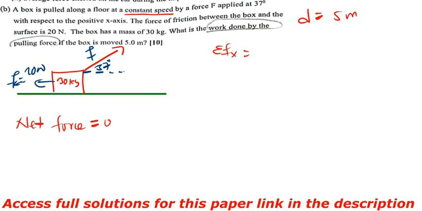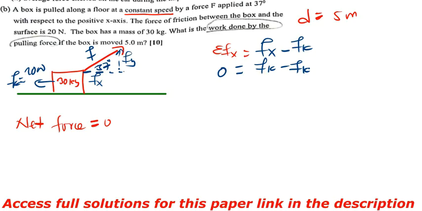The force F has Fx and Fy, but in this case the object is moving in the x direction, so I'm going to use Fx. So it is Fx minus the friction force, which is opposing the motion. Replace this with 0.